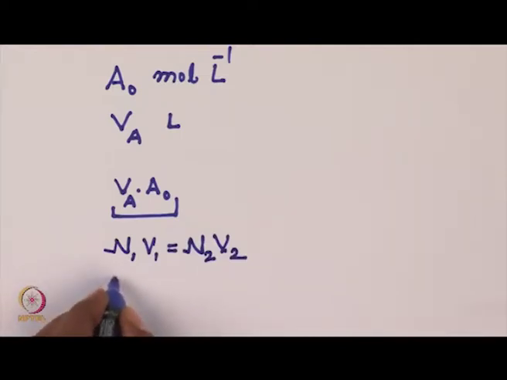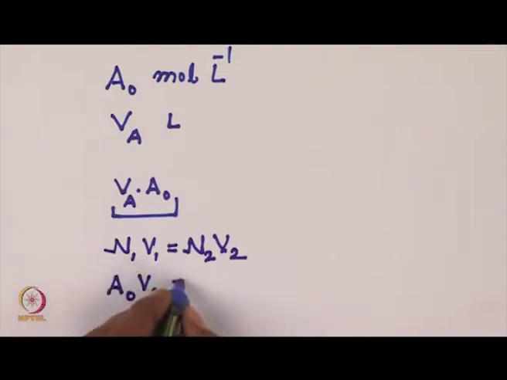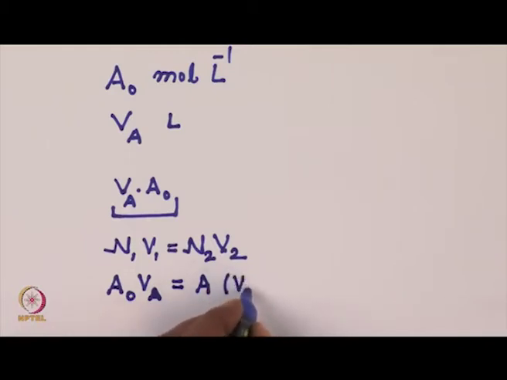So, initially it was A0 and we took Va centimeter cube of the acid. This has to be equal to the final amount A and the total volume VA plus VB.